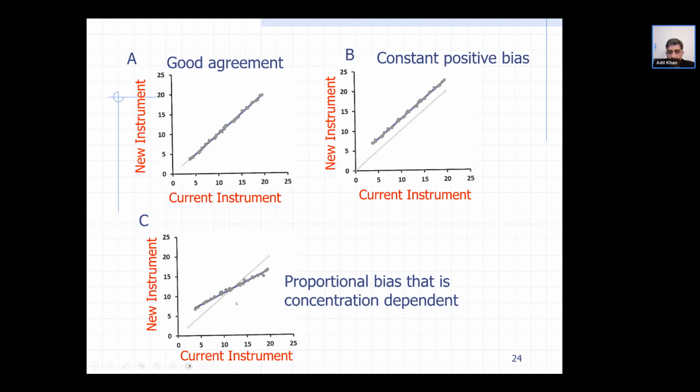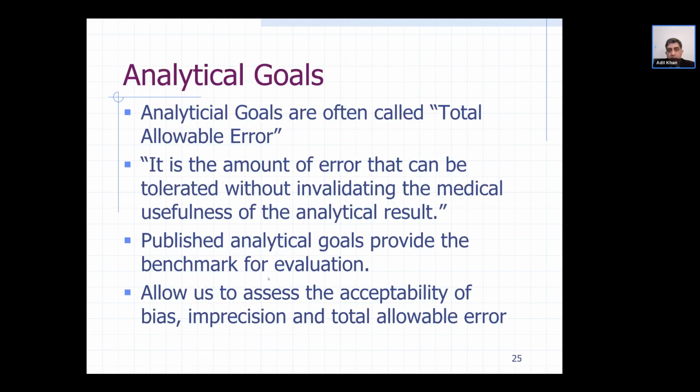As you can see here, the bias is present at the low end and at the high end of the concentration range. So the next step is to determine some analytical goals or performance standards, sometimes known as total allowable error. This is essentially the amount of error that can be tolerated without invalidating the medical usefulness of the analytical result.